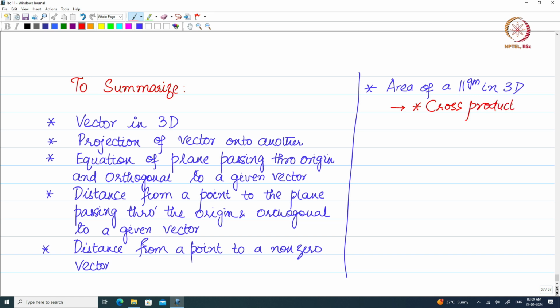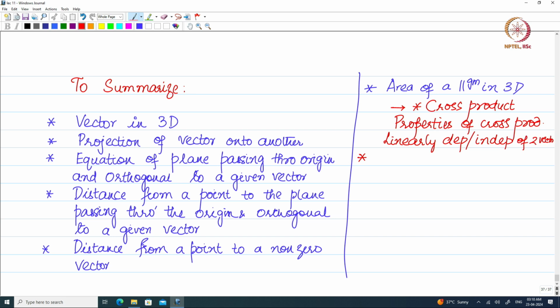We looked at the definition of cross product, and the properties of cross product. We looked at the idea of linearly dependent or independent through the cross product of two vectors in 3D.